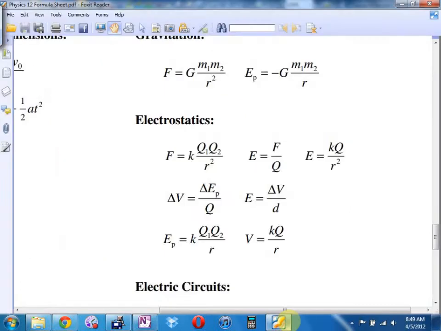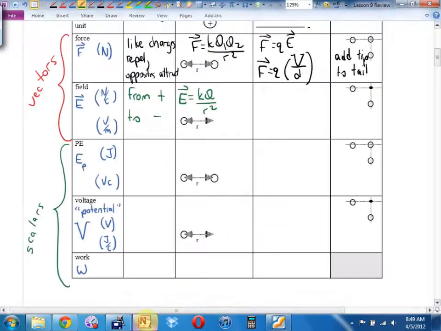How do I find electric field between parallel plates? Now, there's the definition of electric field as well, but that allowed us to get change in voltage over distance.